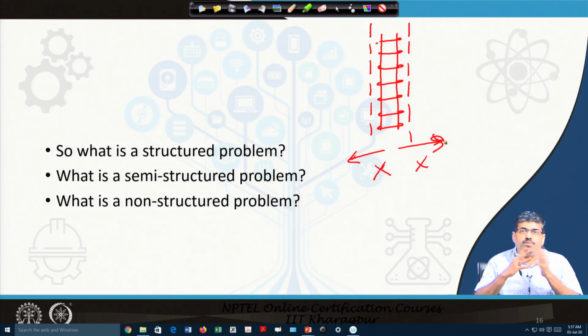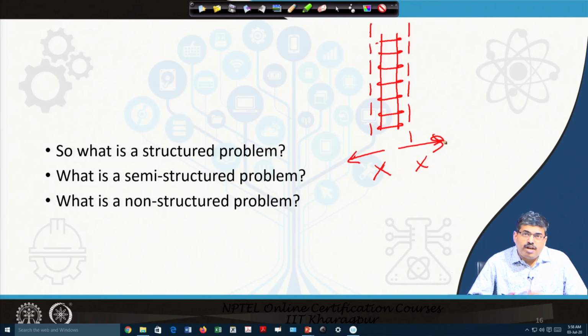Semi structured, as we mentioned, is where there is an element of structure, but a lot of elements are left to the manager to solve for himself or herself. What is a non-structured problem? Things are so new, or things have developed in such a manner that it is no more a structured problem. It is so new to the world that you have to develop new methods.